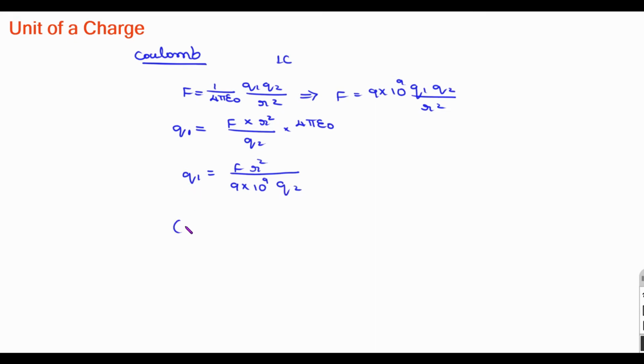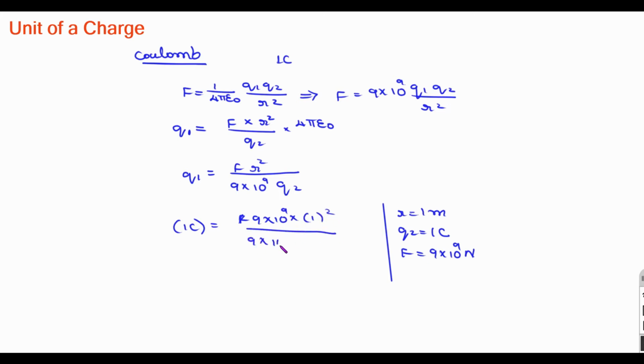For this q1 to be 1 coulomb, r should be 1 meter, q2 should also be 1 coulomb, and F should be 9 into 10 to the power of 9 Newton. If I substitute the values, 9 into 10 to the power of 9 into 1 square divided by 9 into 10 to the power of 9 into 1 coulomb, it cancels and you have charge q1 equal to 1 coulomb.